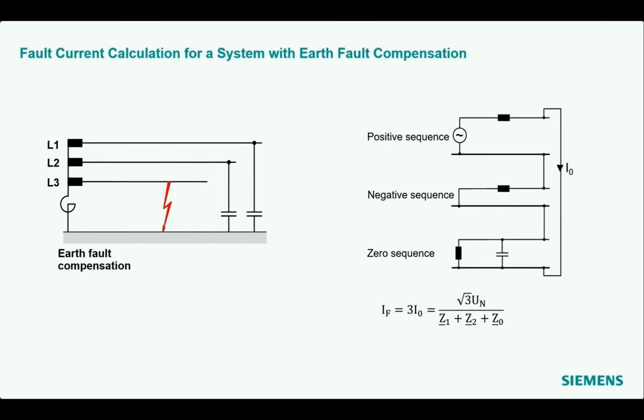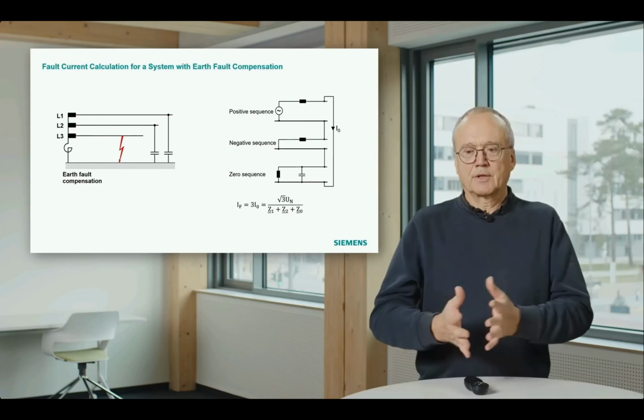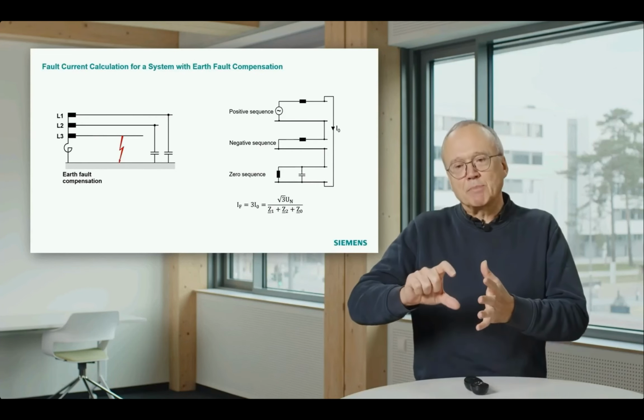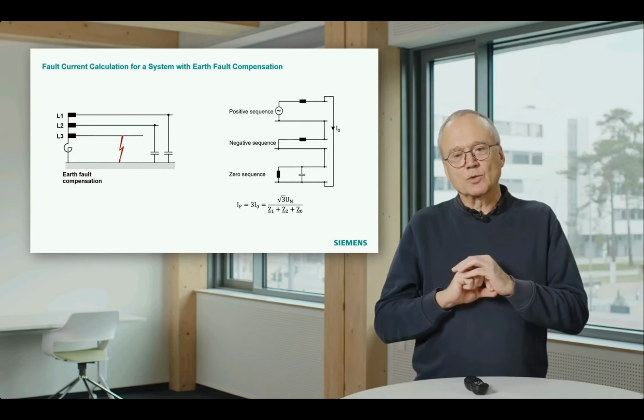Look at the right side of this picture: you see the symmetrical component equivalent circuit we already discussed a few slides ago. But you see one difference here. We put a reactance in the zero sequence system in parallel to the capacitor. The idea is that if we make the system bigger, the capacitor grows, so the impedance of the capacitor reduces.